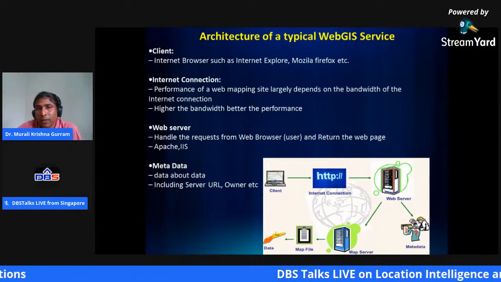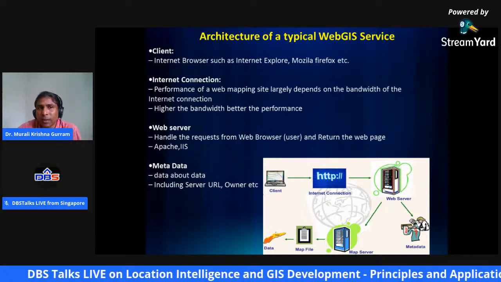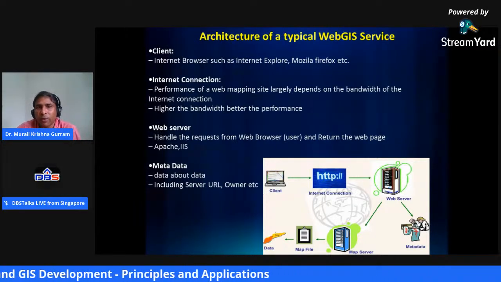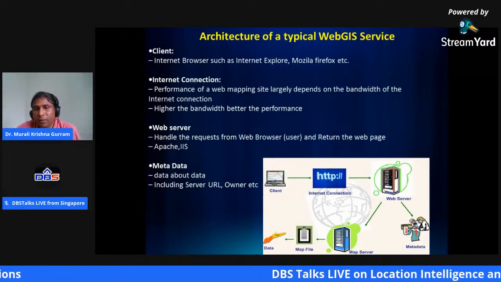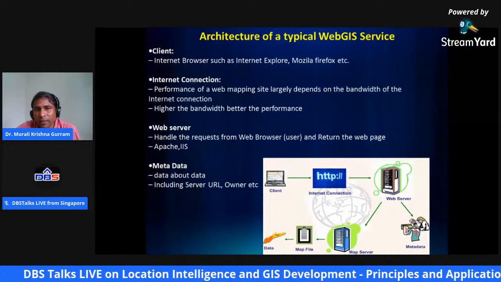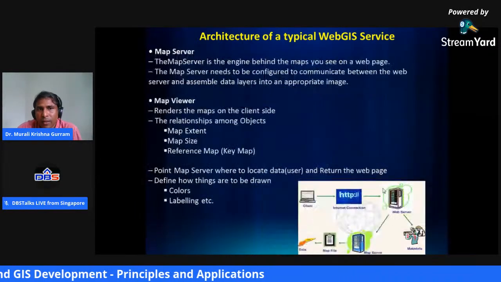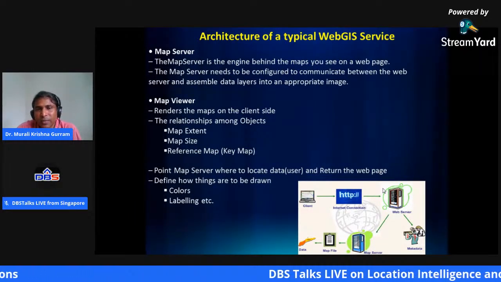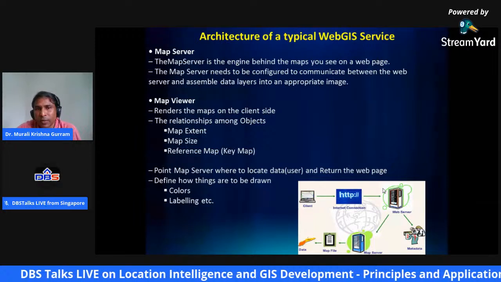It is very important that you have an internet connection with desirable speed, and you have a web server that takes care of delivering the content over the web, and you need to maintain the metadata, that is your data about your data. Next slide, please.